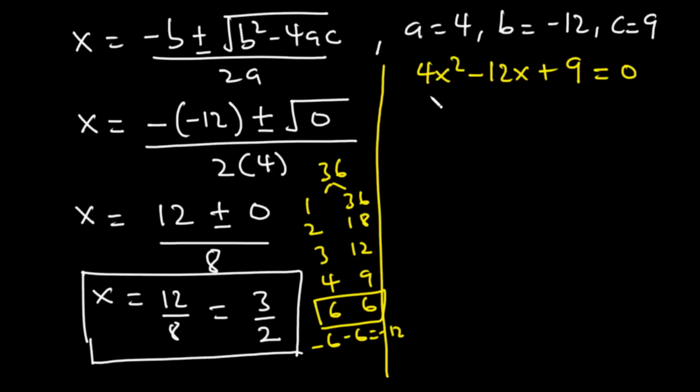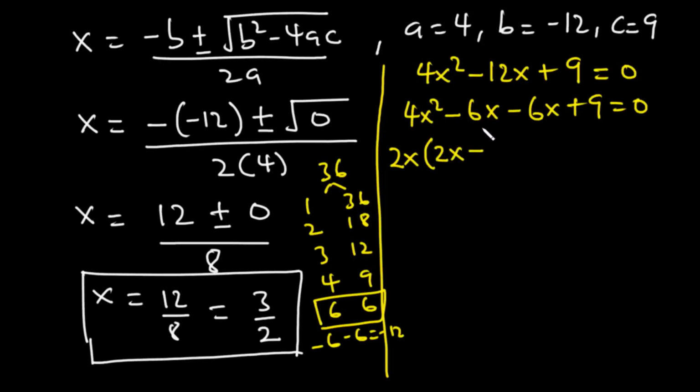So this equation can be expanded to have 4x squared minus 6x minus 6x plus 9 is equal to 0. Now the GCF between 4x squared and negative 6x is 2x. So we have 2x on the outside, and then 4x squared divided by 2x is 2x, and then 6x divided by 2x is 3.